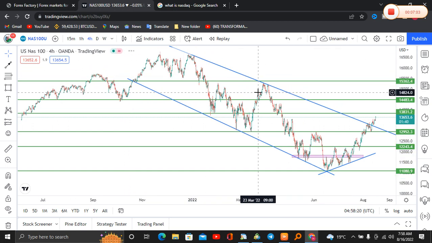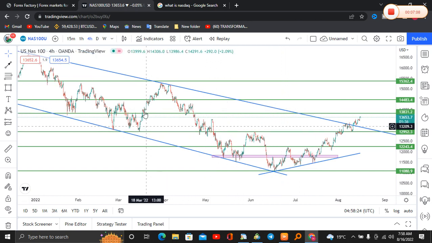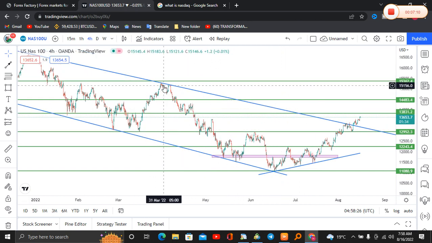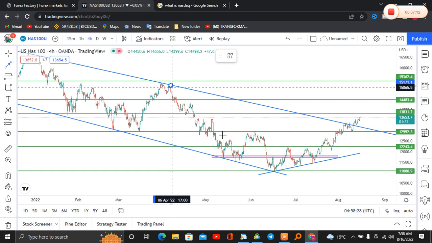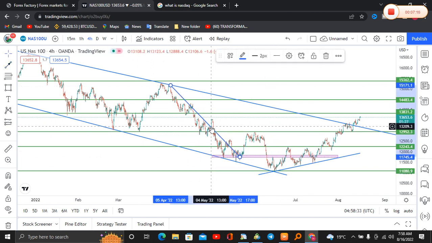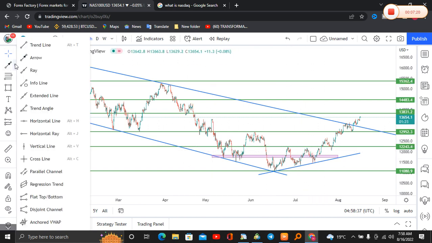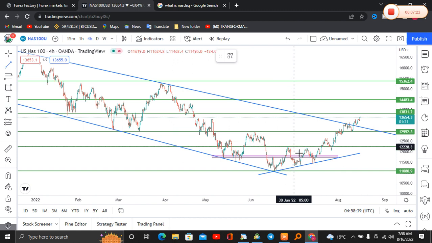Do not look for selling opportunities, because Nasdaq has been in a big downtrend for some time, but now the trend has changed. Nasdaq at the moment is in an uptrend, because it has been making higher highs and higher lows.